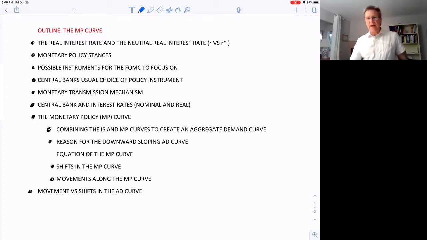And they tend to do that by using the interest rates. So they lower the interest rate lower than that natural rate, and it would be an easy monetary policy which is going to stimulate the economy, or they just raise that rate above that natural rate, which would then contract the economy and lower inflation over time.